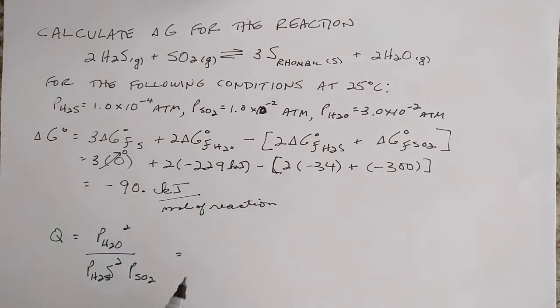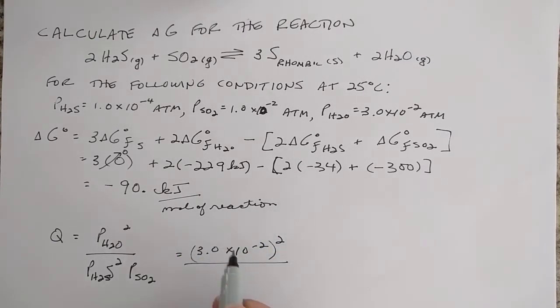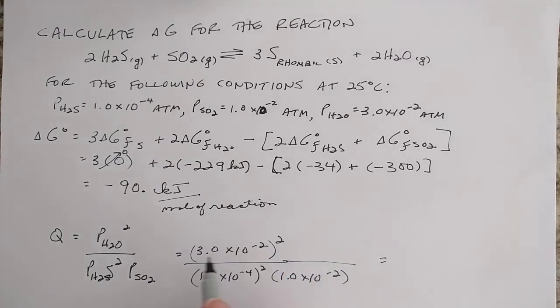So our Q, the pressure of the H2O, so this is 3.0 times 10 to the negative 2 squared over 1.0 times 10 to the negative 4th squared times 1.0 times 10 to the negative 2. So calculate that out. Well, 3 squared is going to be 9 times, this is negative 4, negative 8, negative 2, and you should get times 10 to the 6.